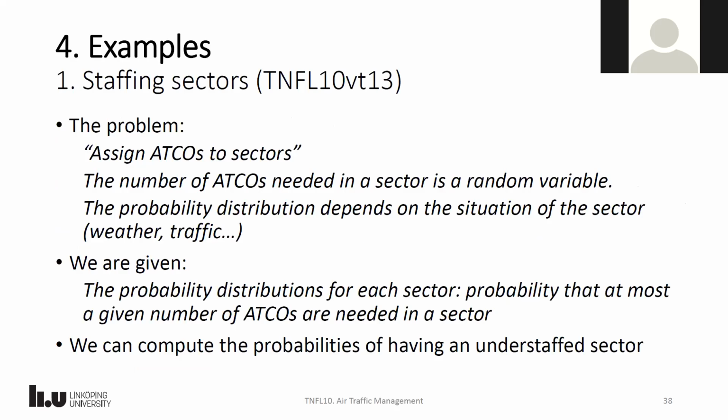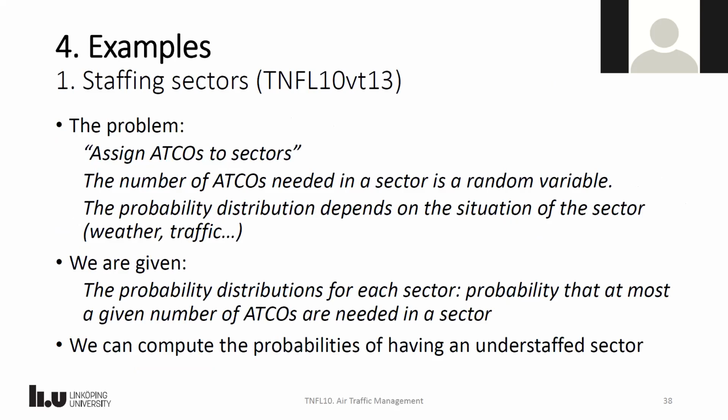One example comes from the same year, where one of your colleagues solved this problem, which is the problem of assigning air traffic controllers to sectors. They have a number of air traffic controllers that are needed in a sector, and this number is a random variable, so it's not a given number per se.